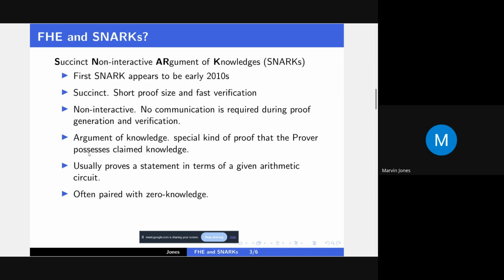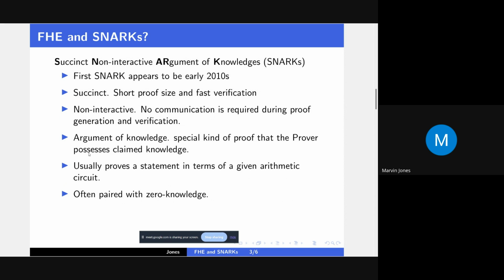Snarks, the much cooler object of the day, only because I like snarks more. Okay, so a snark is a succinct, non-interactive argument of knowledge. So the first bullet point, I think, is kind of true, but take that with a grain of salt. I attempted to figure this out because I never actually thought about when the first snark appeared. So I actually tried using AI to check this, and the first thing it told me was Groth16, and we all know Groth16 should not be the first snark.